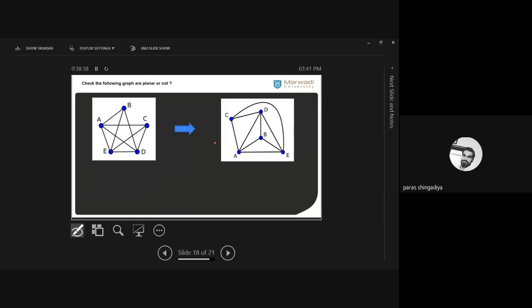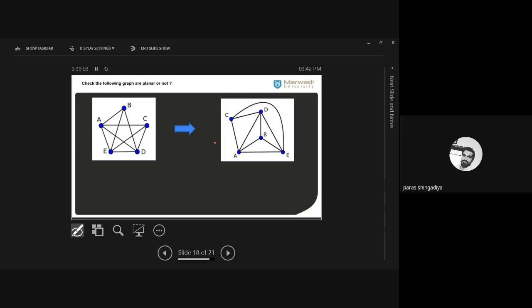Now try to draw another graph in place of that and make it planar. You have to find another graph for the same situation. Just think about that. Consider first 5 vertices and start connecting them in such a way that no two edges intersect at any place.